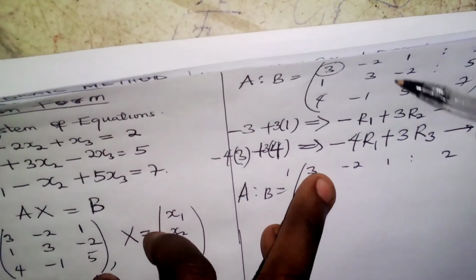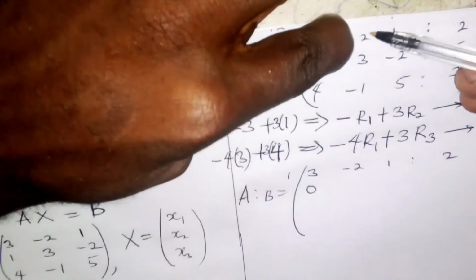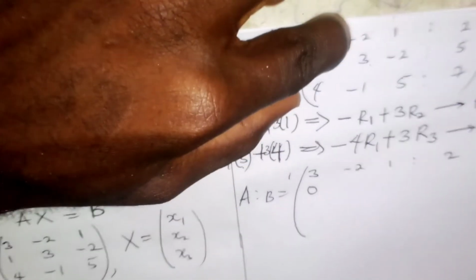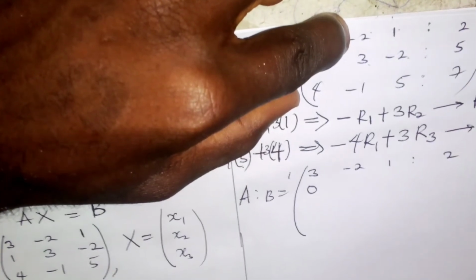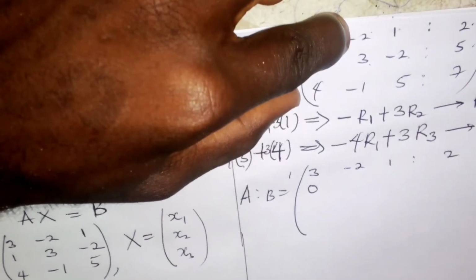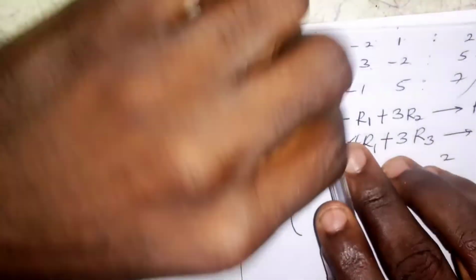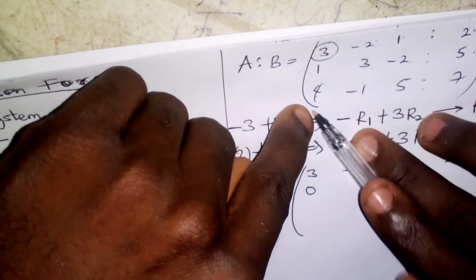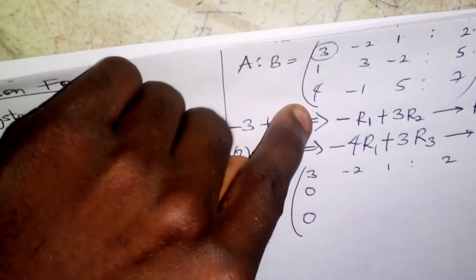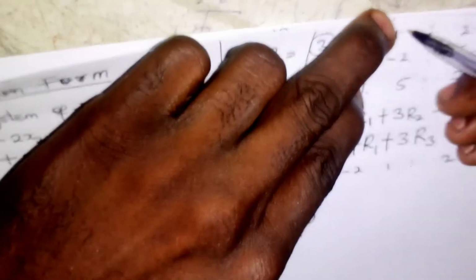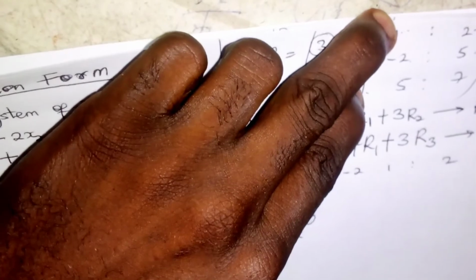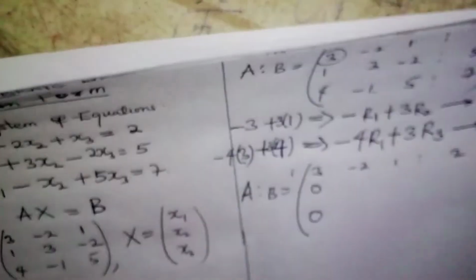Now to get this other one, it will be minus 2 and 3 using this operation. Then 1 and minus 2 using this operation. 2 and 5 using this operation. Then to get this other one will be 3 and 4, which we already know is equal to 0. Then minus 2 and minus 1 with this operation. 1 and 5 with this operation. Then 2 and 7 with this same operation.